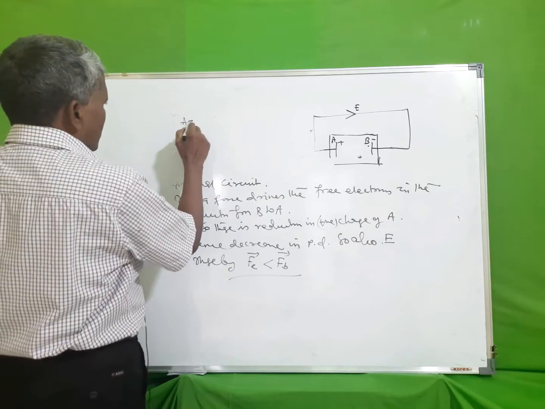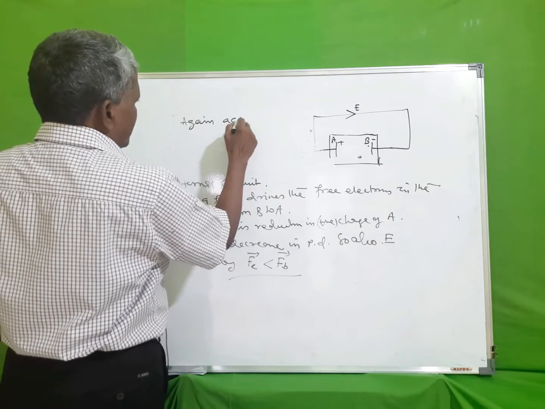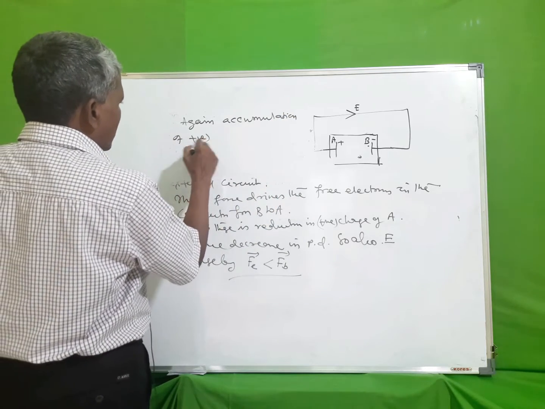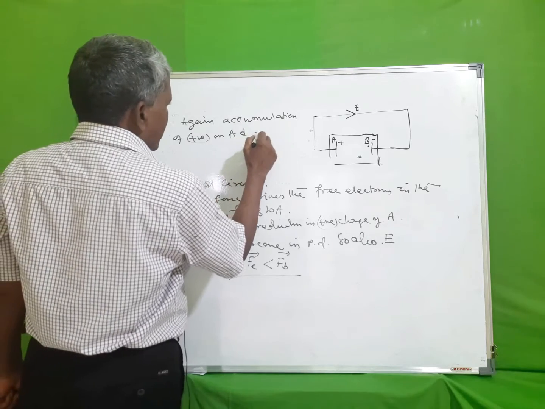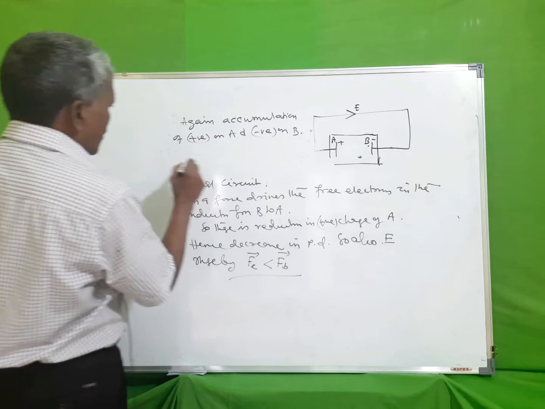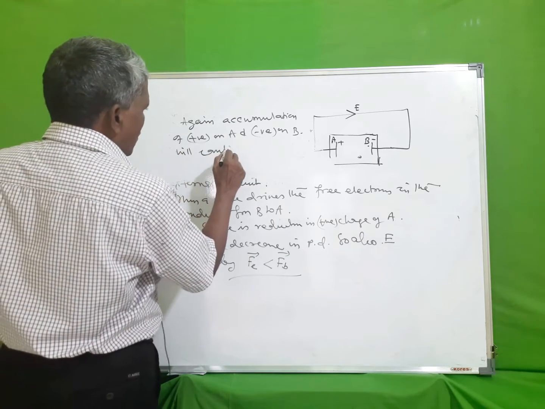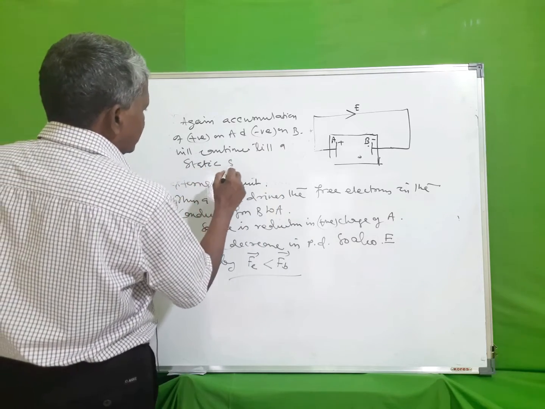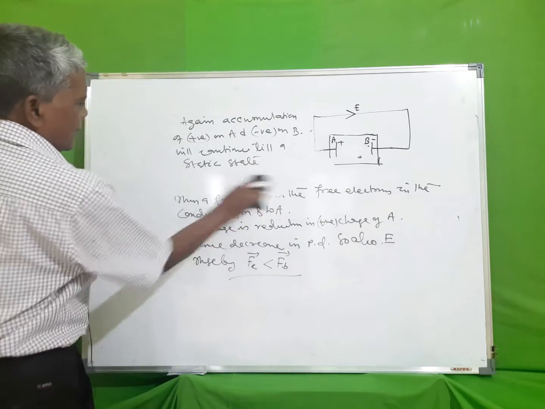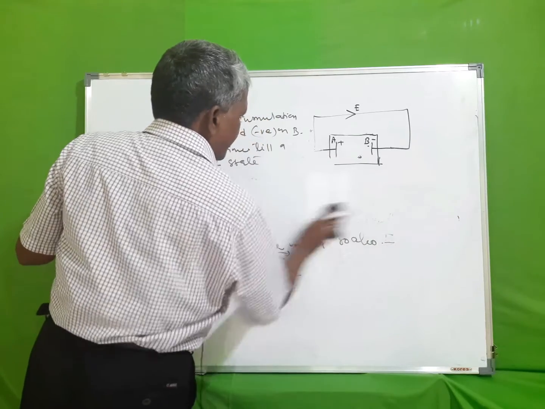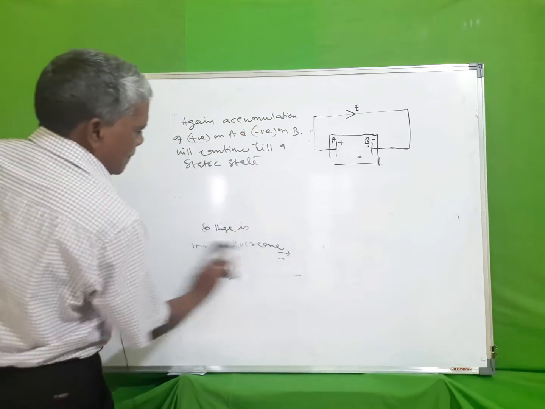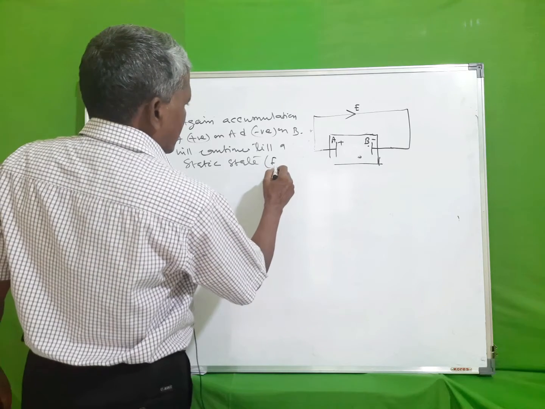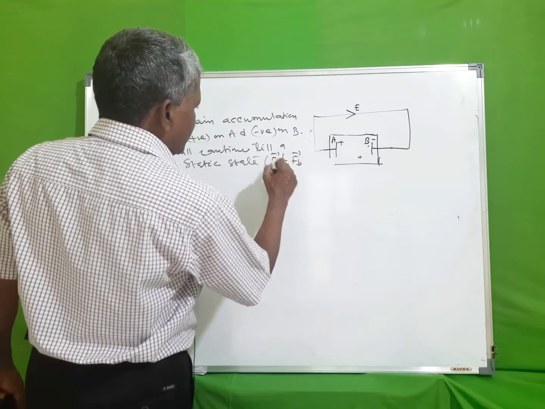Again, accumulation of positive charge on A and negative on B will continue till a static state where FE is equal to FB in magnitude.